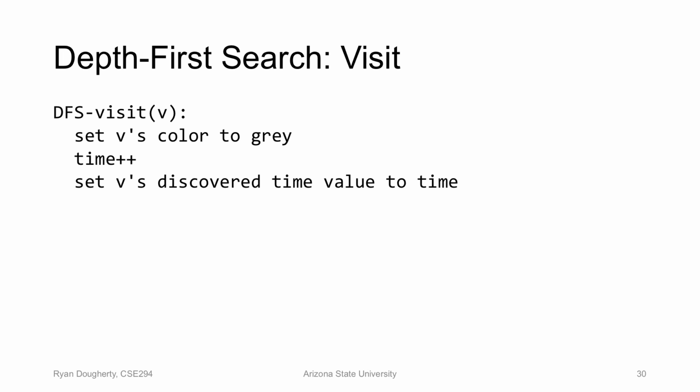This is the first time I've seen V, so I set its discover time to be the current timestamp. And at the end, I'm going to set its finish time. Yeah, so discovered and finished time for each vertex. Now I'm just going to look at each of the vertices in turn that are adjacent to me and consider them one at a time.